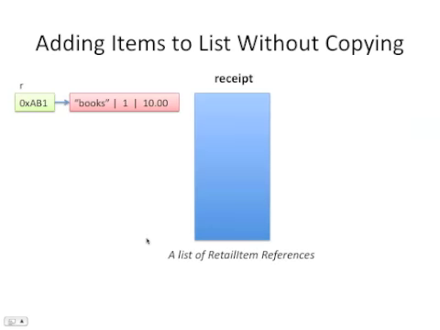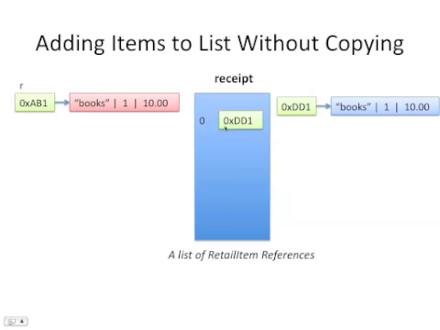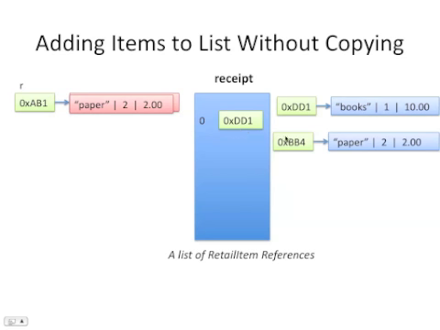What we want to do instead is have a new memory cell to store the data. So we take the data coming in as a parameter, we then make a copy of it, and then we store that address, DD1, into the ArrayList. The next one comes in as paper 2, and I make a copy of that at a new location, and then I store that address in the list.